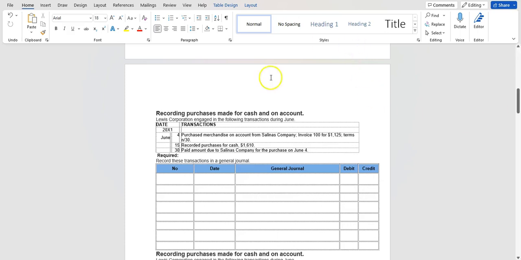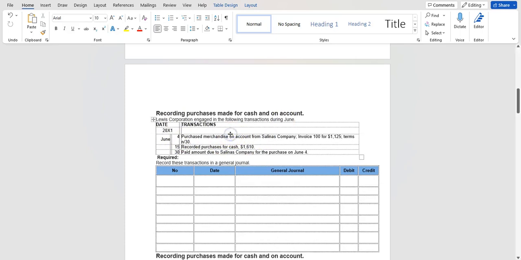Okay, so this is going to be Lewis Corporation, and they're engaged in the following transactions during June. All right, so June 4th, they purchased merchandise on account. Okay, so on account means that we're going to receive an invoice. Okay, so make note of that. On account means we're going to receive an invoice with terms.